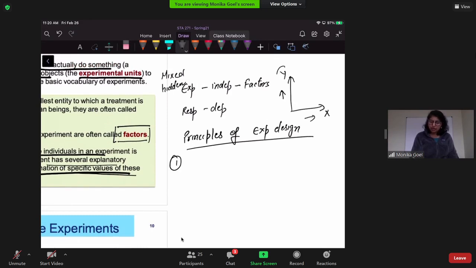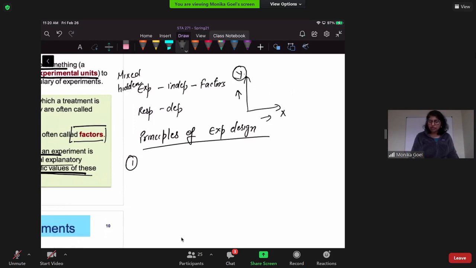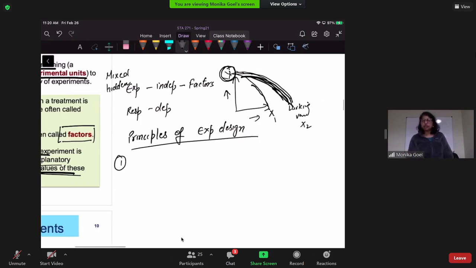When I look at my response variable, I am unable to differentiate if this response is just because of x or because of another variable, and that other variable is hidden, so I can call it a lurking variable. So when I see a mixed response on y, it can be because of x or because of my other variable, let's say x1 and x2, the lurking variable that is not in the picture but is still affecting my response variable, then I'm talking about a confounding variable. When you see the mixed effect.